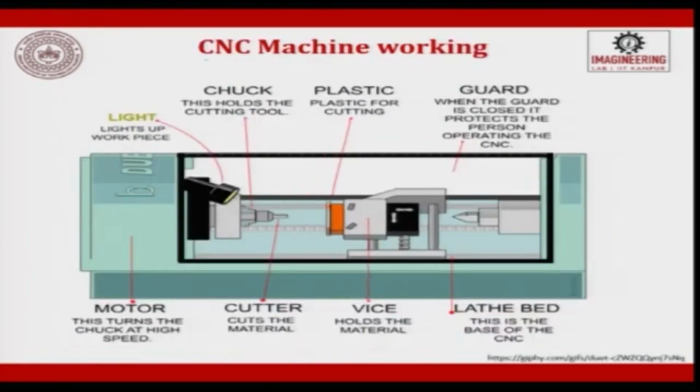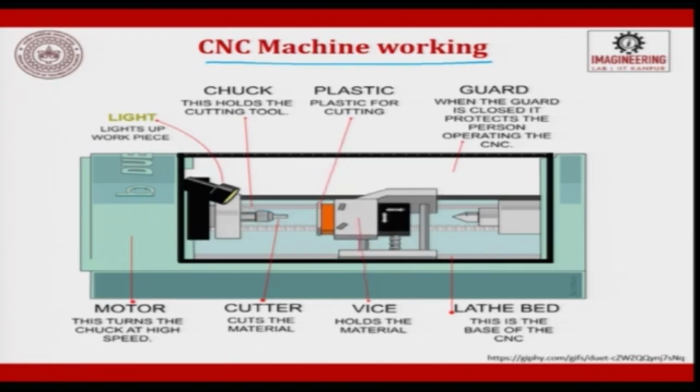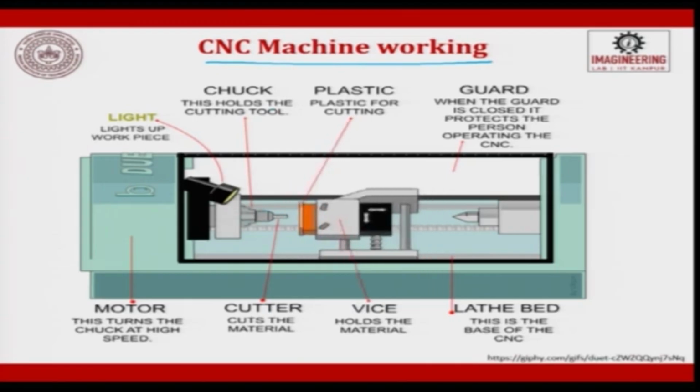When you look at a CNC machine working, you can see that there is a spindle, and you will always have a light to aid you in the measurements or see the execution. So, there will be a light. There is a chuck which holds the machine tool. So, here it is pretty interesting.